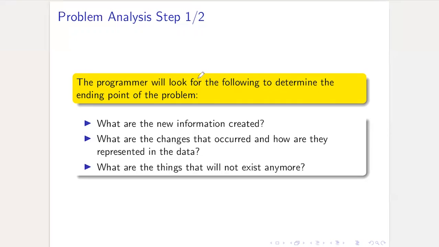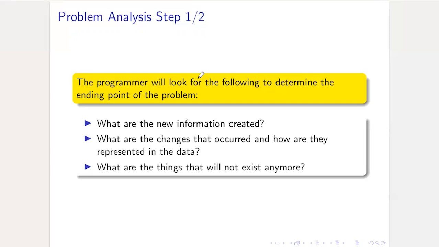Also, certain things that were present at the beginning will not be present at the end. For example, suppose you have, okay, I'll give a different example. For now, suppose you are sorting a set of data items. So initially you have a set of, say, names which are not sorted into alphabetical order. You still have the names, but at the end that random order is gone.